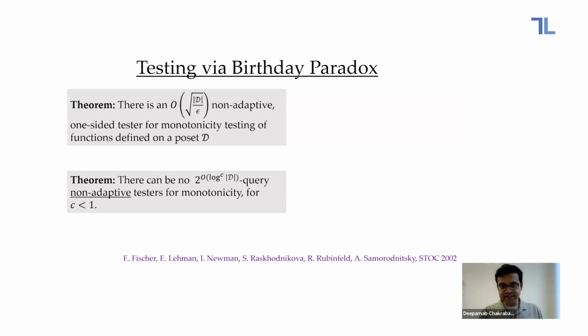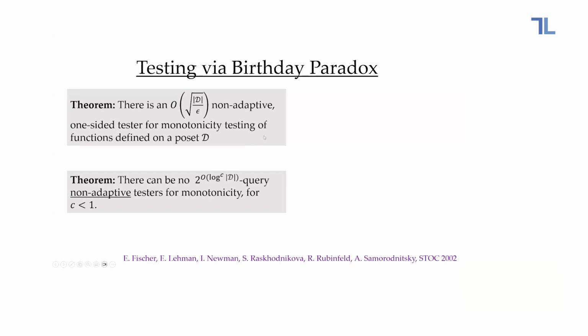You churn these answers and you say yes or no. An adaptive algorithm could look like, say, binary search. You make a query, you look at the answer, and then you decide which query to make next, and so on. So adaptive algorithms can have much more power than non-adaptive algorithms. And this theorem here is ruling out non-adaptive algorithms of a certain query complexity.